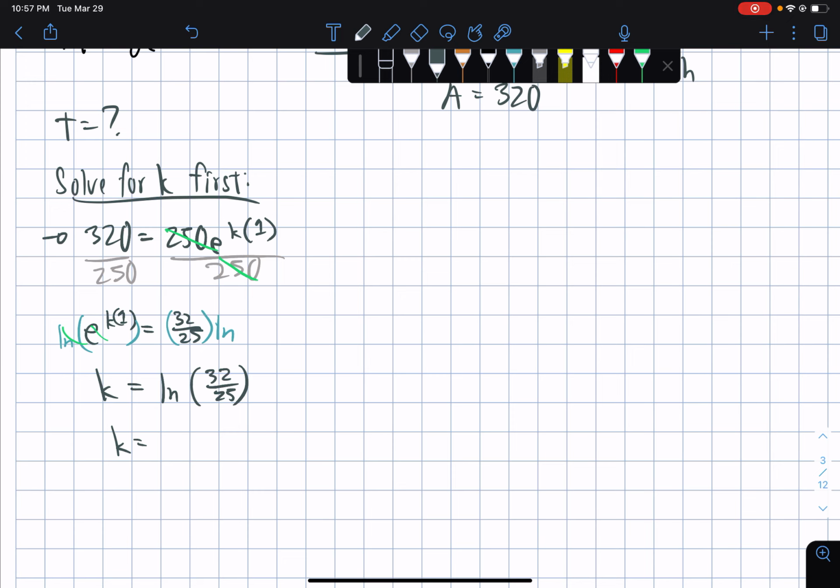I need a few seconds to type it all in the calculator. The answer is 0.2469. So let's just round it off up to this kind of fashion, and let's just encircle that.